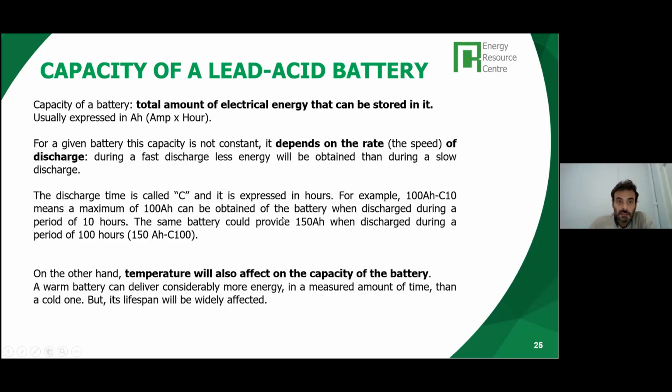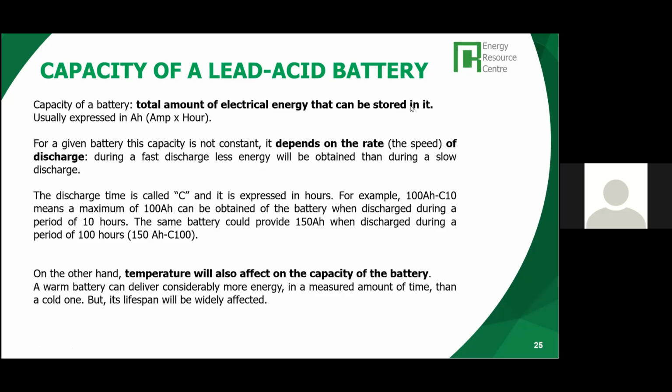So meaning that one battery, for instance, if it is rated at 100 amp hours to be discharged in 10 hours, that same battery, when it is discharged over a longer time period, will give us more than 100 amp hours.